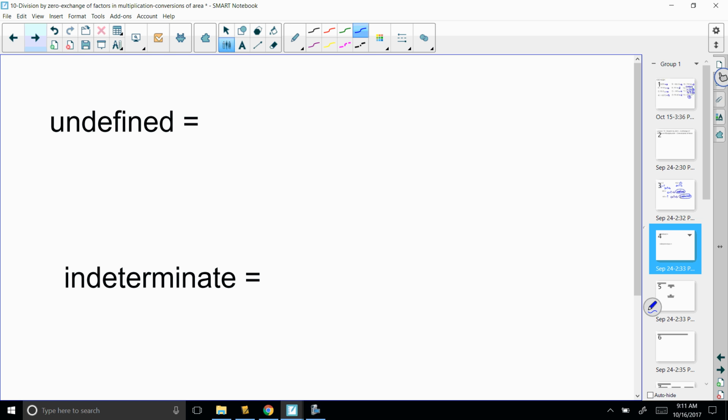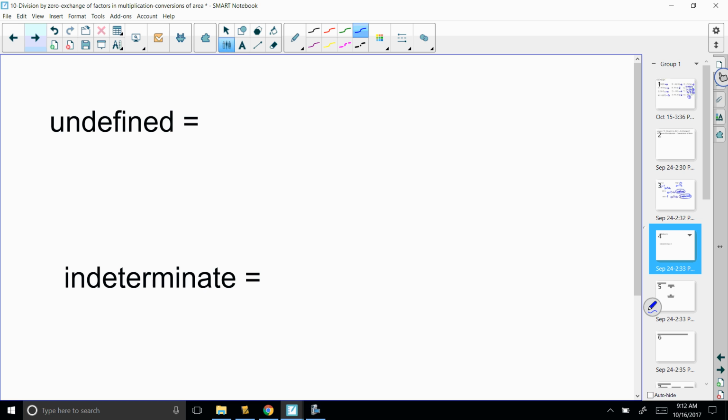So we have 2 different things. Note cards. Some of you already started writing down from the last page some values because you are going to encounter questions that are going to ask you what is 5 divided by 0, and you have to be able to state what the answer is.